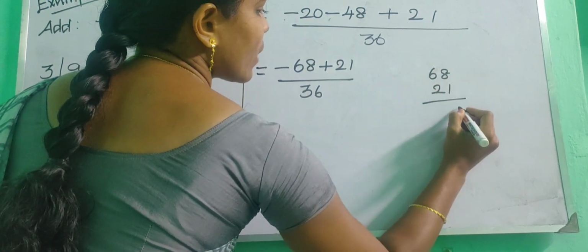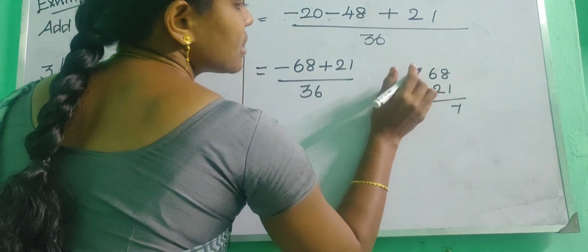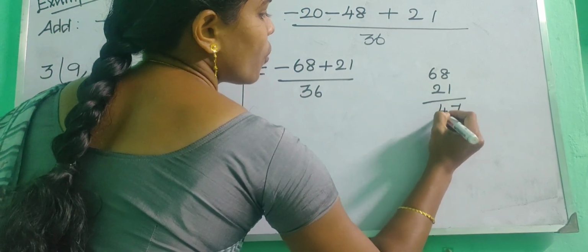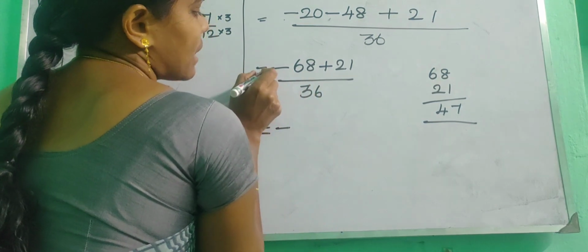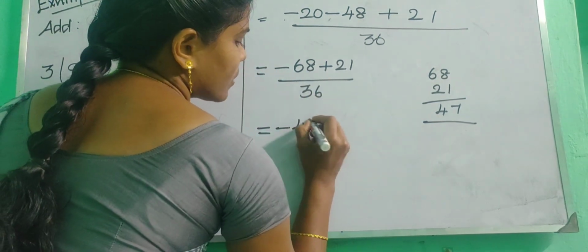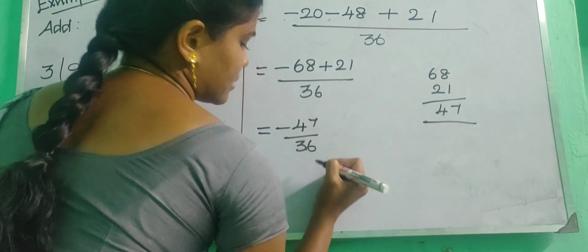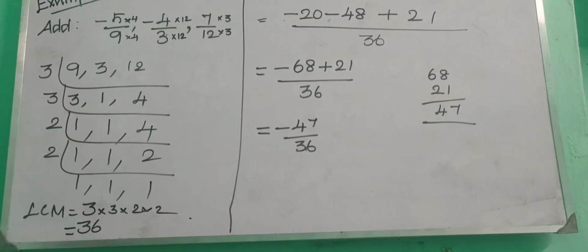So 8 minus 1, 7. 6 minus 2, 4. So what is the answer? Minus 47. The greater number's sign is minus, right? So minus 47 upon 36. Okay children, minus 47 upon 36 is the answer. Is it clear? Very easy, right? It is the same as fraction addition, right?